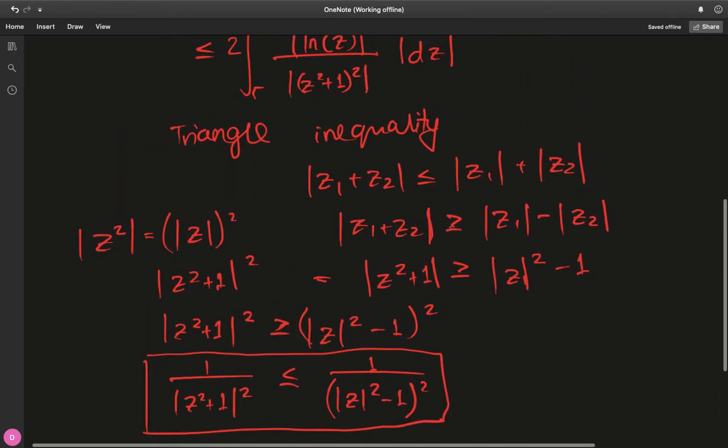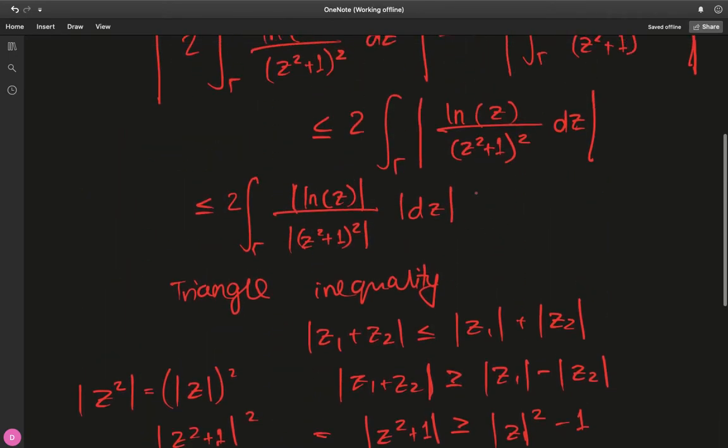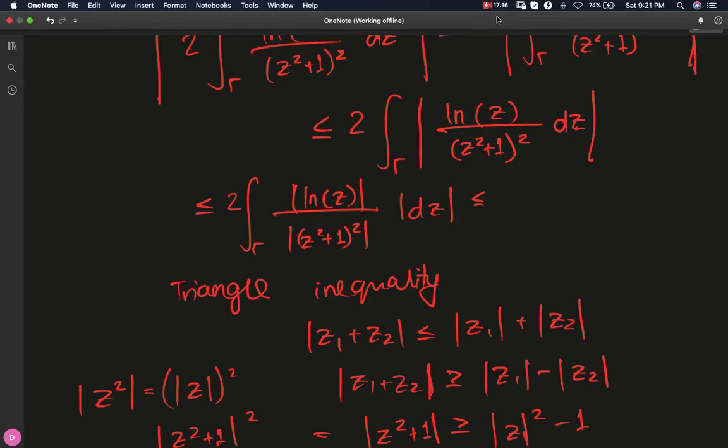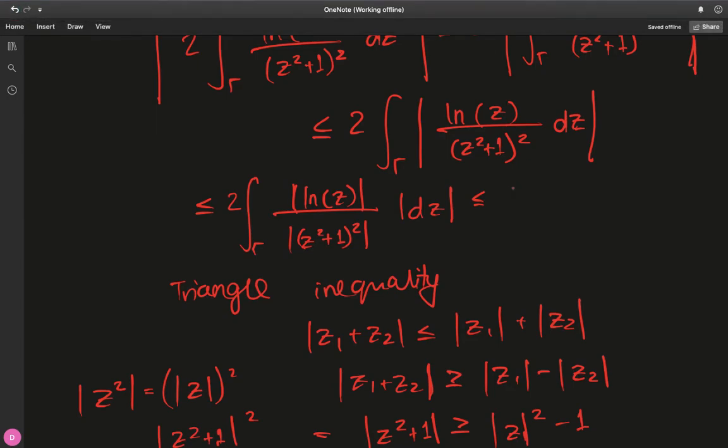So we will have, this is less than or equal to, well, we can actually drop the 2. There's an inequality, right? Actually, there's no point in keeping or dropping the 2. Let's just let it be.